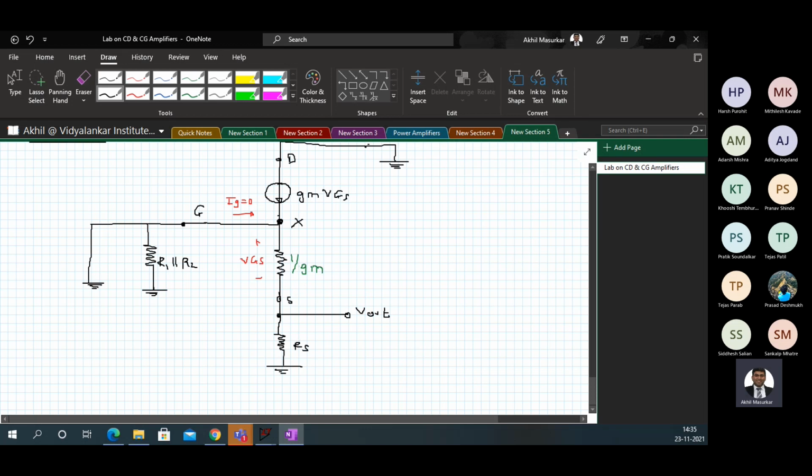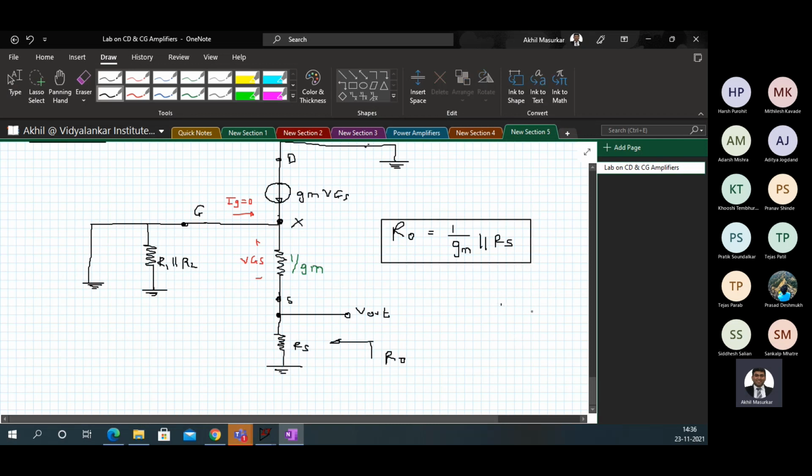RS is connected between source and ground, and 1 by GM is also connected between source and a node which is connected to gate, and gate is connected to ground. So if I look at the resistance from this side, I will see R0 will be 1 by GM parallel to RS.